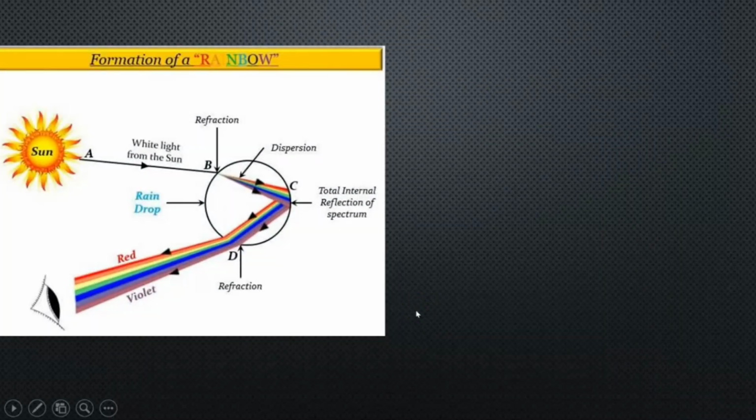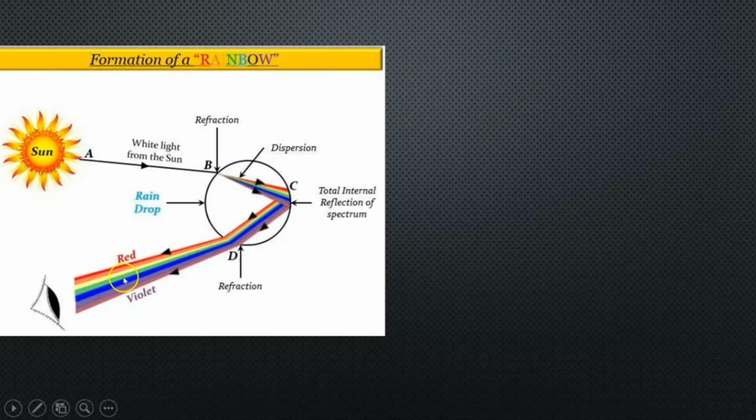This mechanism helps us to understand the formation of a rainbow. Here the sun acts as the source of white light. When the light from the sun hits the raindrop, it gets refracted inside and the colors are dispersed, total internal reflection takes place, and it refracts again as it reaches the other side and is dispersed into different colors at different angles.